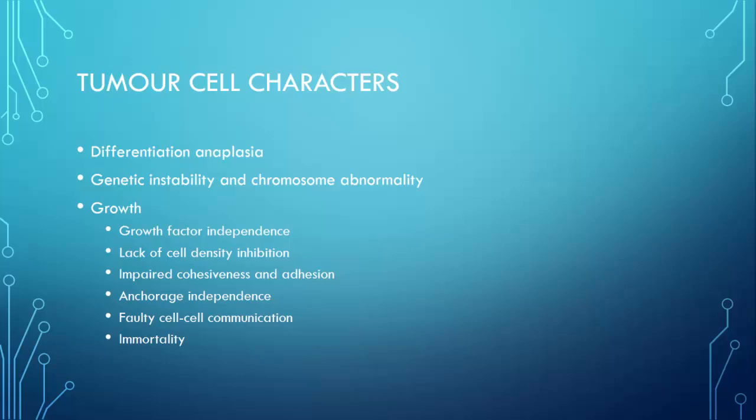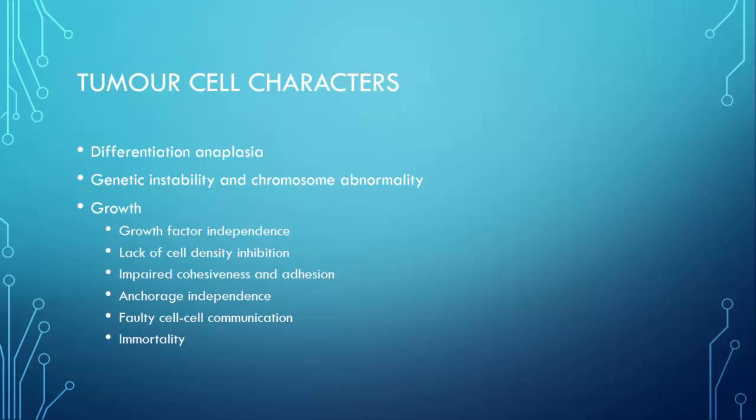So key characteristics of tumour cells: differentiation, anaplasia, genetic instability, chromosome abnormality, and growth. These are different terms that all basically describe the increased antisocial behaviour of a malignant cell. So they grow independently of growth factors.